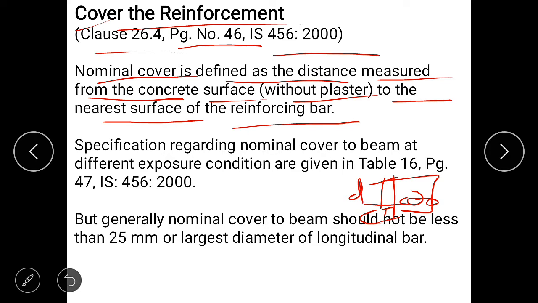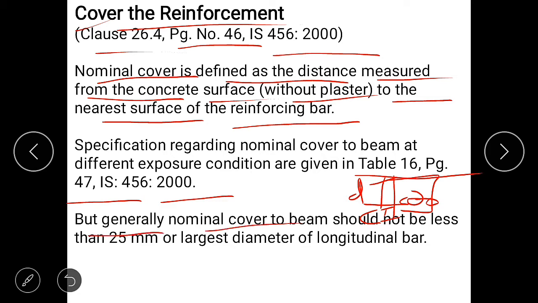Okay, so specifications regarding nominal cover to a beam for different exposure conditions are given in Table 16, page number 47, IS 456 2000. In IS code 456 2000, the cover size for different atmospheric conditions is given.